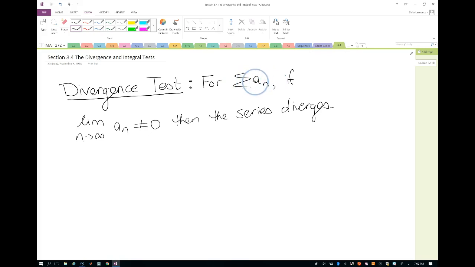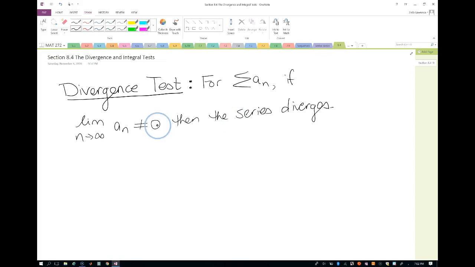So the only hope we could possibly have of this sum ever stopping is if we eventually stop adding to it, or the values get so tiny that they don't contribute any additional significant value to the sum. So if those terms from the a sub n don't converge to 0, that means we're never going to stop adding to this sum, which means it's going to diverge.